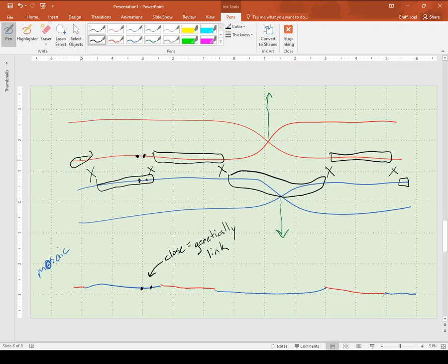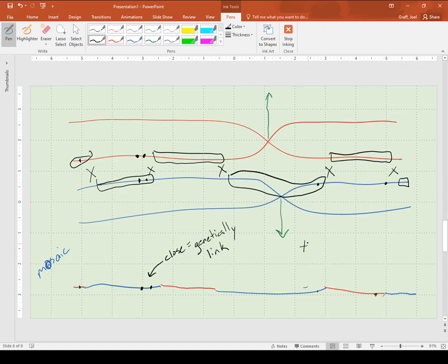But if we had a gene here, another gene here, another gene here, those genes may or may not coordinate with each other, or they may or may not be stuck together.